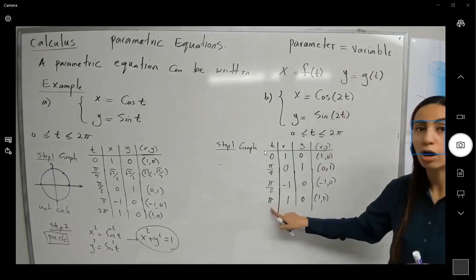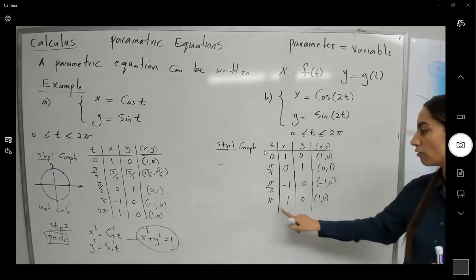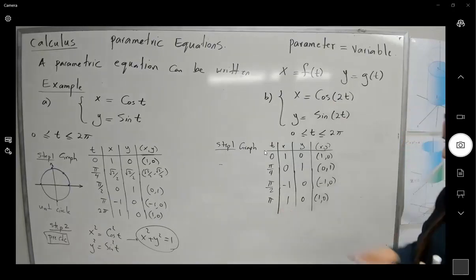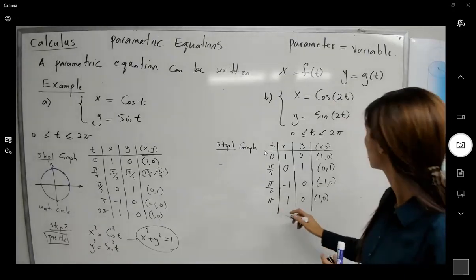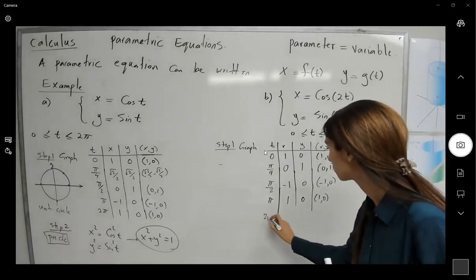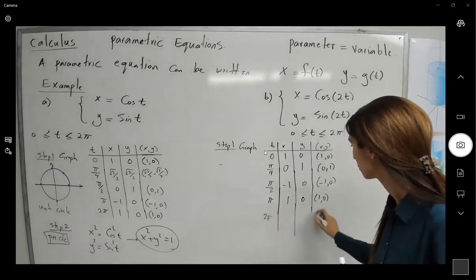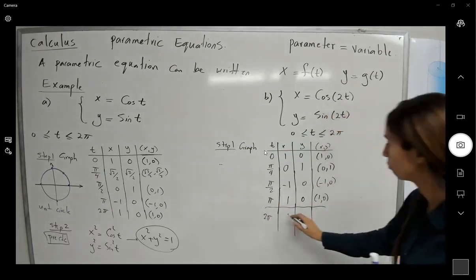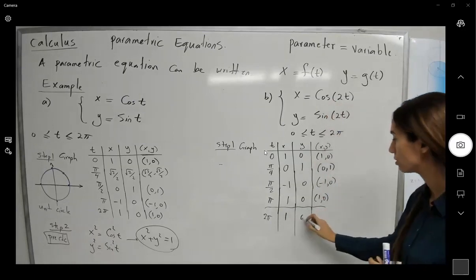So at pi, you already have 1 full rotation. If I plug in 2 pi, what do I get? I get cosine 4 pi, which is 1, and sine 4 pi, which is 0, 1 and 0.